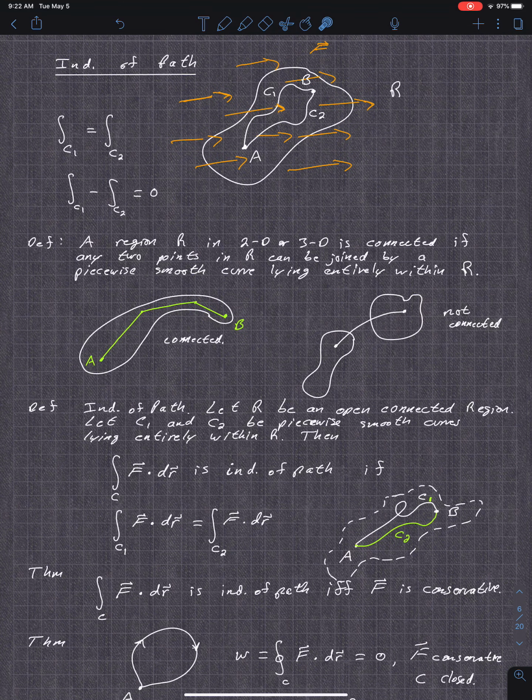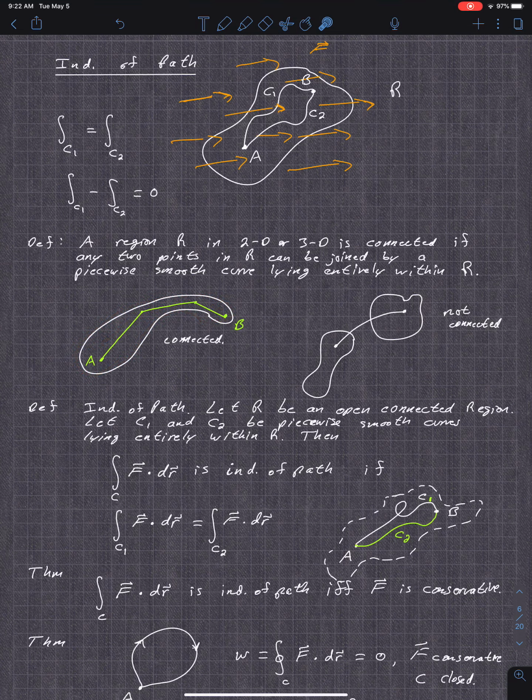Okay, so to get more into that, we want to talk about a couple definitions for regions. A region R in 2D or 3D is called connected if any 2 points in R can be joined by a piecewise smooth curve lying entirely within R. So this one, we would call connected because you take any 2 points and you can connect them with a line.